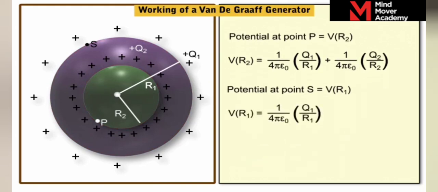Here, V(R1) is equal to 1 by 4 pi epsilon naught Q1 by R1 plus 1 by 4 pi epsilon naught Q2 by R1. Here, 1 by 4 pi epsilon naught Q1 by R1 is the potential due to the charge on the outer sphere, and 1 by 4 pi epsilon naught Q2 by R1 is the potential due to the charge on the inner sphere.